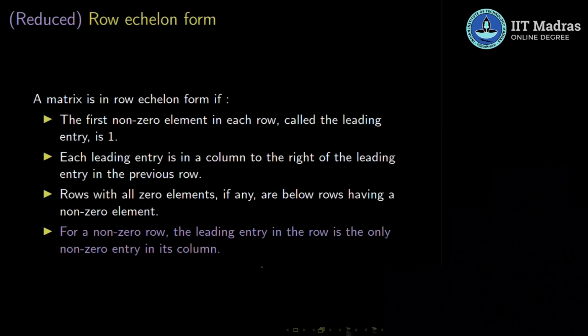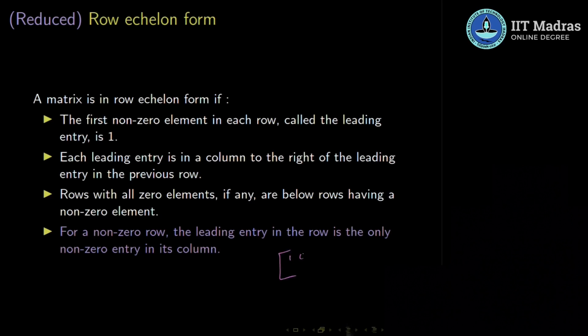The second requirement already tells you that below this one everything is 0. You can't have anything non-zero below this one, but you could have non-zero entries above this one. So, we say it is in the reduced row echelon form if the entries above that leading one are 0.